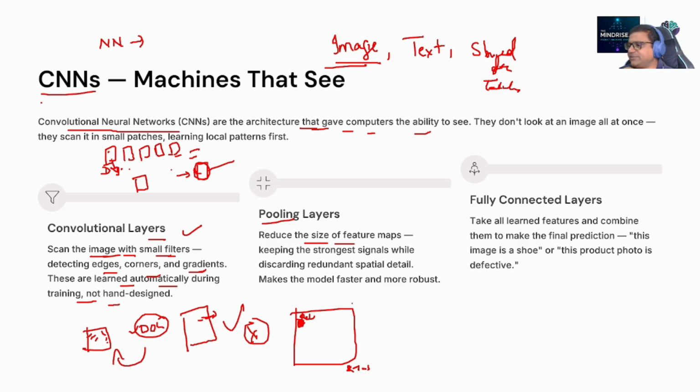Then fully connected means, take all learned features and combine them to make the final prediction. Okay, so convolutional layer, then pooling layers, then fully connected layer. So this is how an image gets processed through a CNN architecture to conclude whether it is a dog or a cat, right?